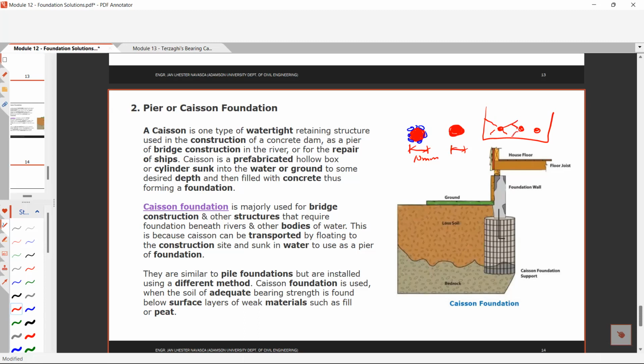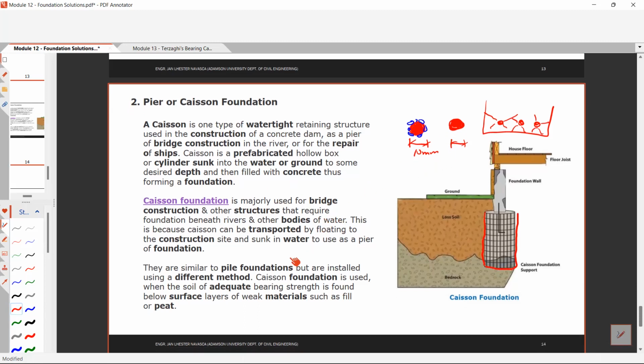Mag-cause ng cracking yan dito. Okay. So that is why we need to make it watertight. Kailangan natin mag-create ng water tightness dito sa caisson na to para hindi mag-penetrate yung water. Para hindi magkaroon yung corrosion.